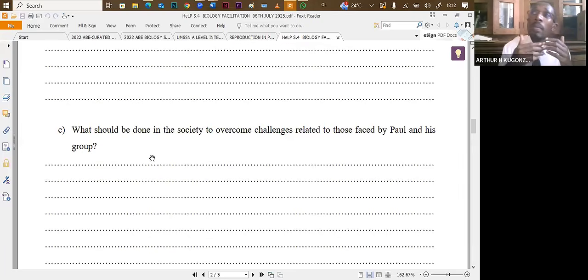Maybe constructing sports facilities that the youth can use instead of spending time in drinking. Then you can also talk about sensitizing community members on the dangers of alcoholism.